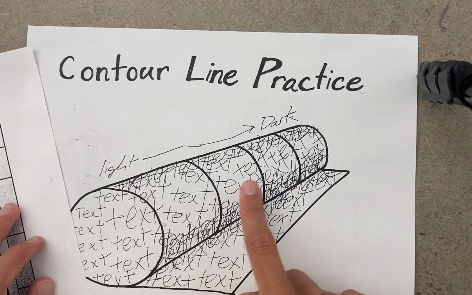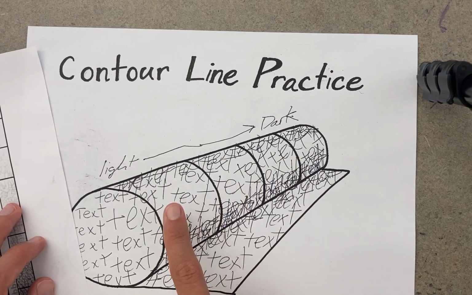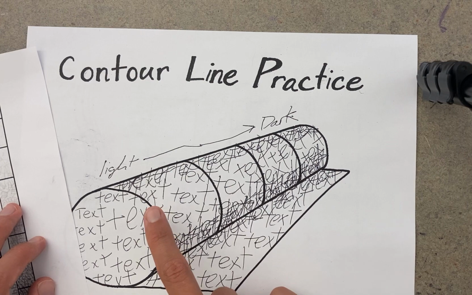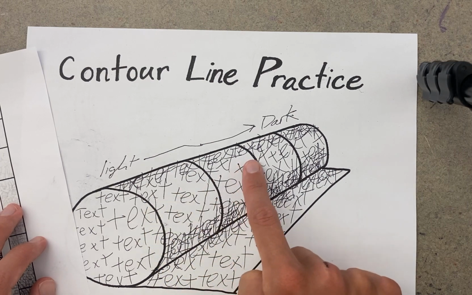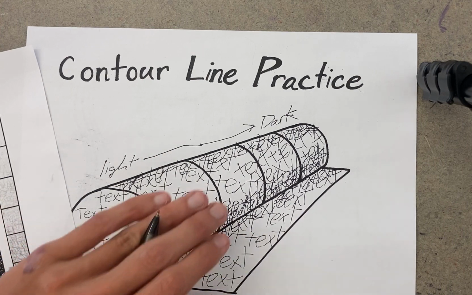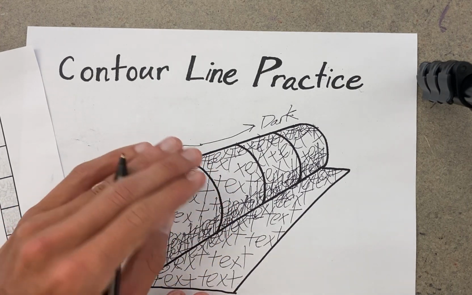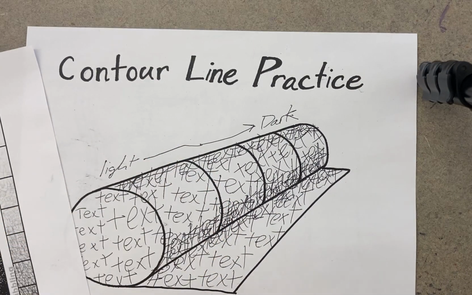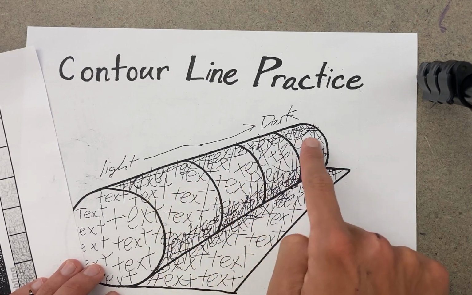Notice that I'm keeping this side open. This is going to be our highlight, towards the top middle of our surface. We want to create this domed feeling. So we're going to keep this as our base layer of value.